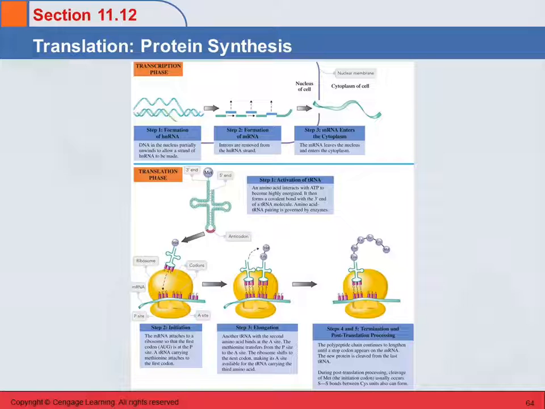Then the messenger RNA is involved in translation. So we've got activation of the transfer RNA, and those are going to come in to where the messenger RNA is attached to this ribosome, and it will do these steps, the initiation, the elongation, and this one goes over and over and over again, and then finally the termination and post-translation processing. Any questions?